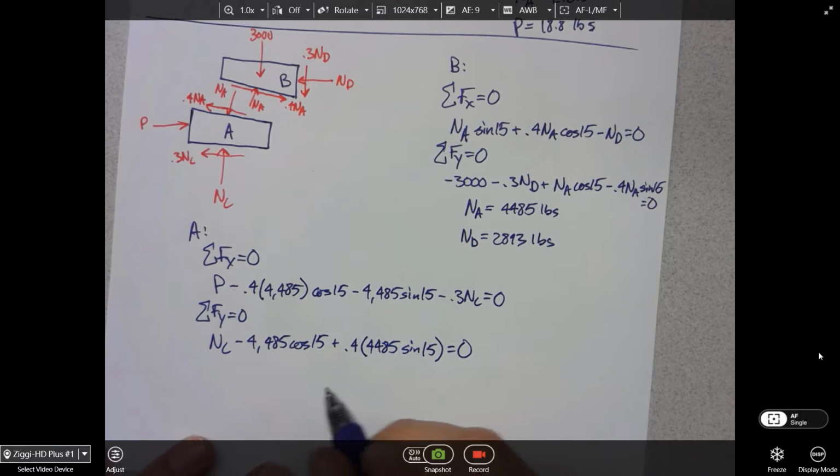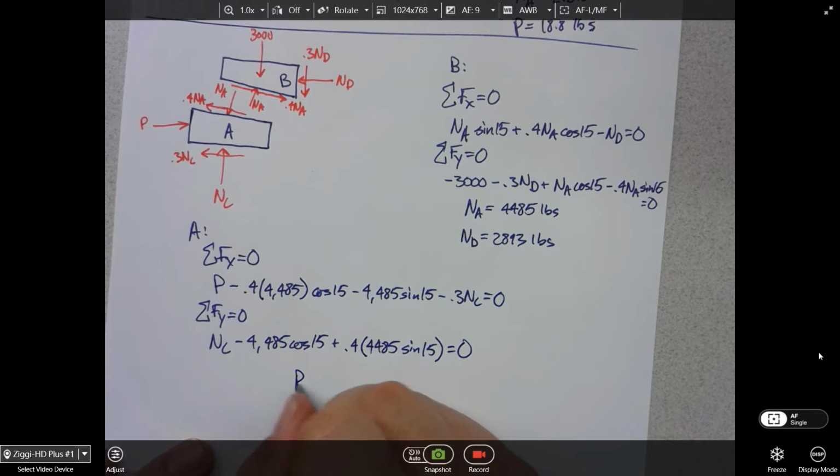Right? We can solve these two. We get P and N sub C.